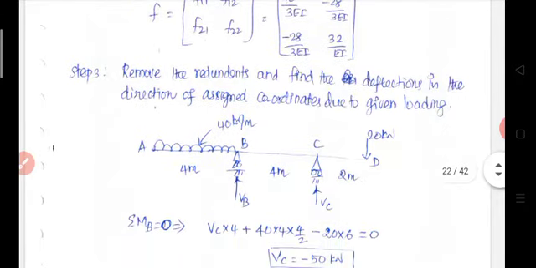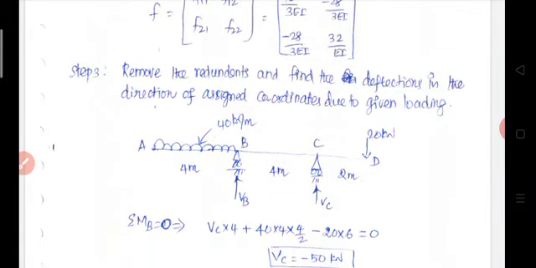Then the third step: now remove the redundants, and find the deflections in the direction of the assigned coordinates due to the given loading. So, we are going to determine the deflections, which may be a translation or a rotation in the direction of the assigned coordinate.